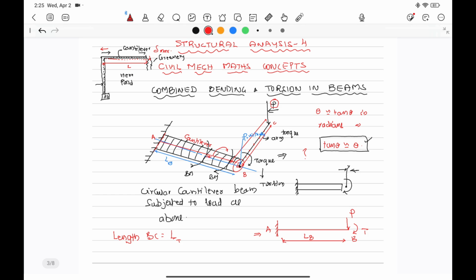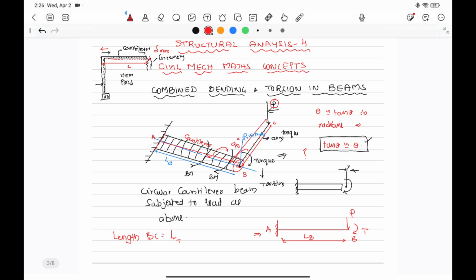And the lever arm is exactly perpendicular to the cantilever axial portion. This angle is 90 degrees. And a load P is applied.